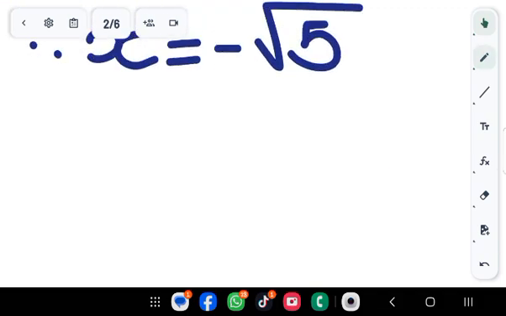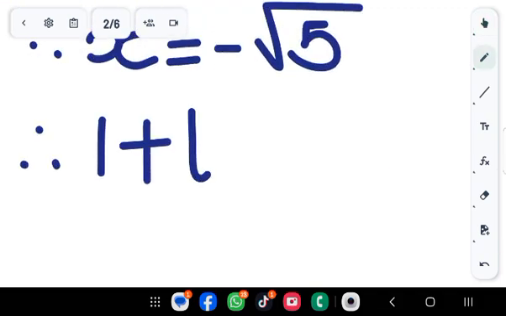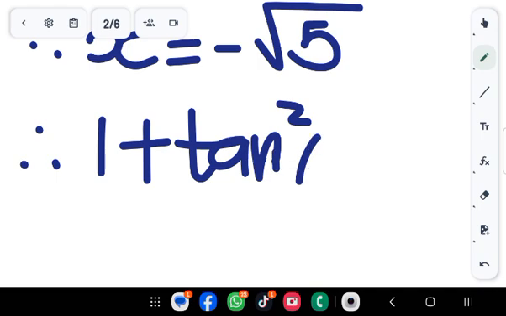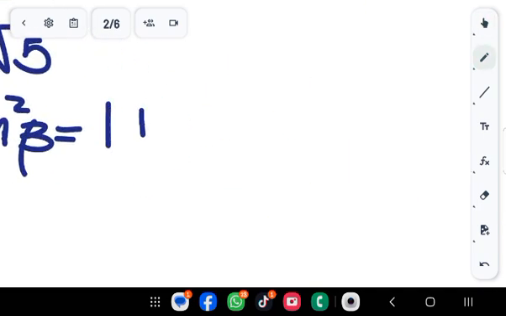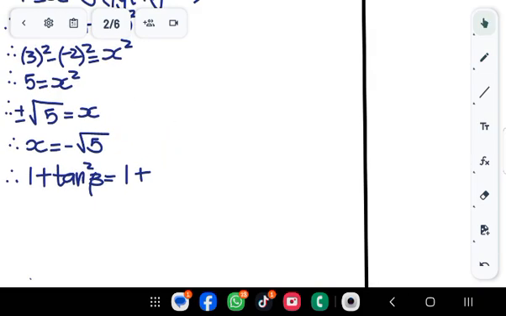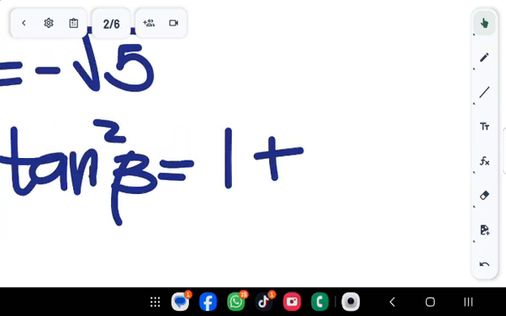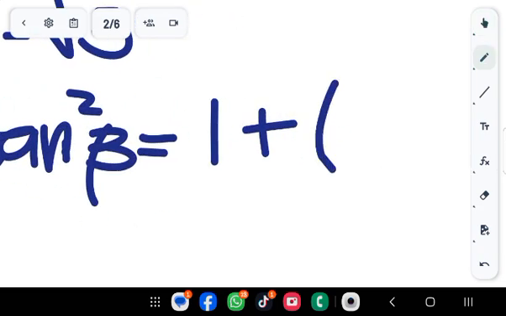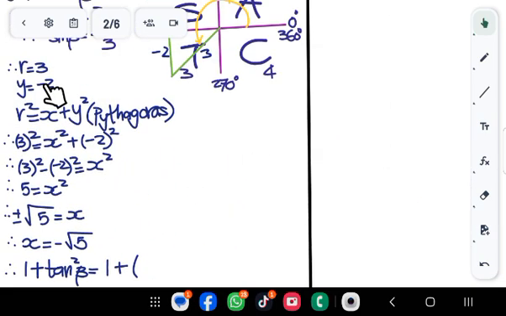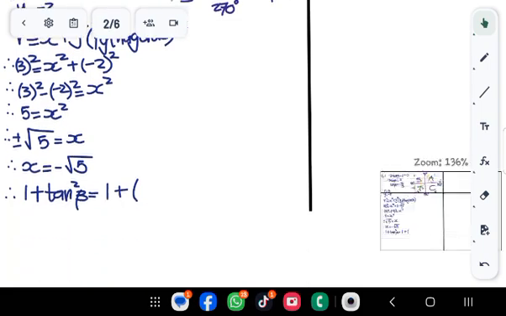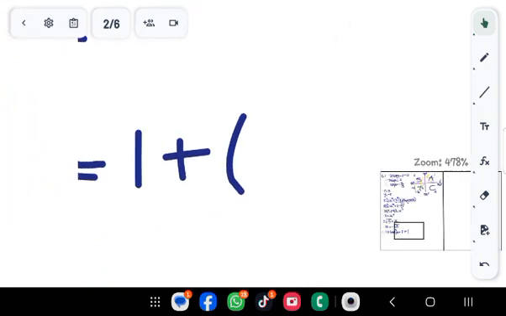Therefore 1 plus tan squared beta will be equal to 1 plus tan, which is opposite over adjacent, so it will be y over x all squared. Our y is -2.